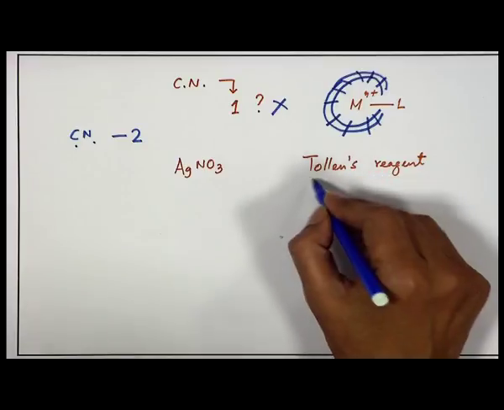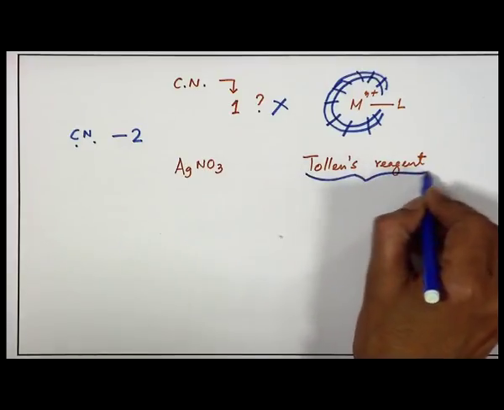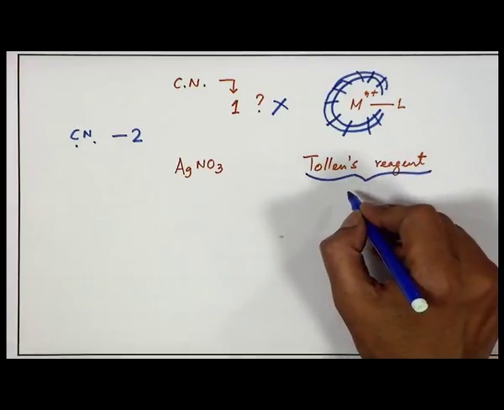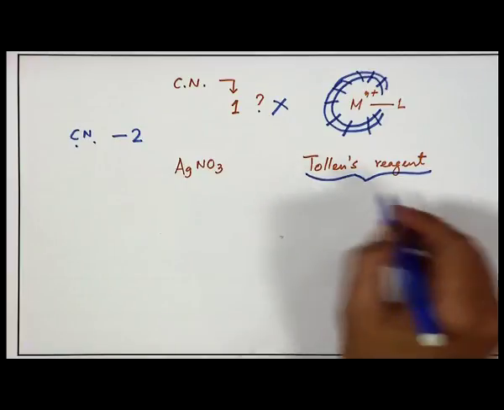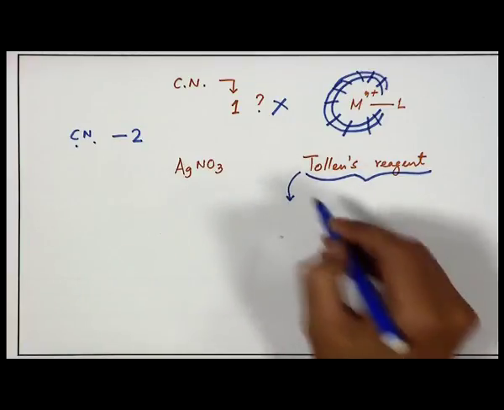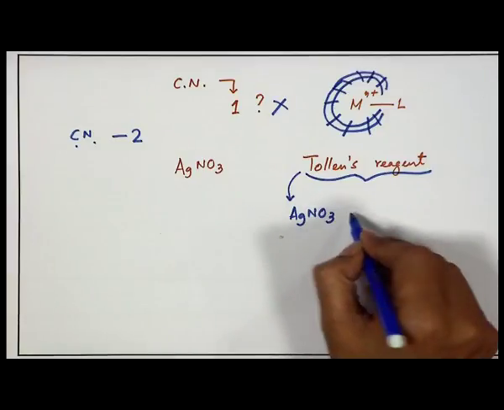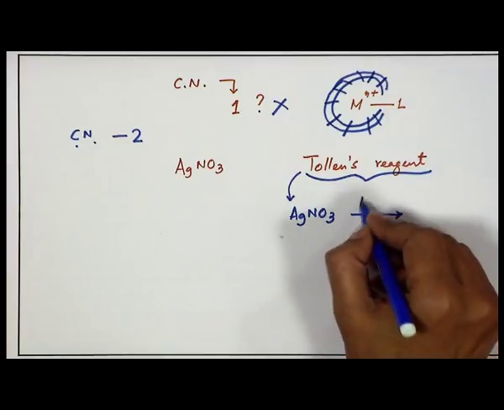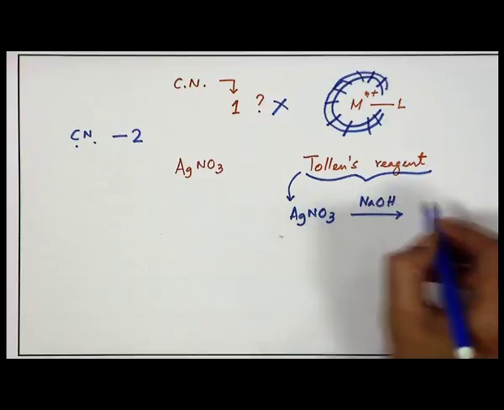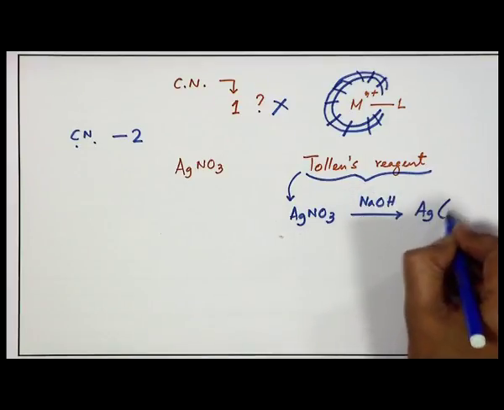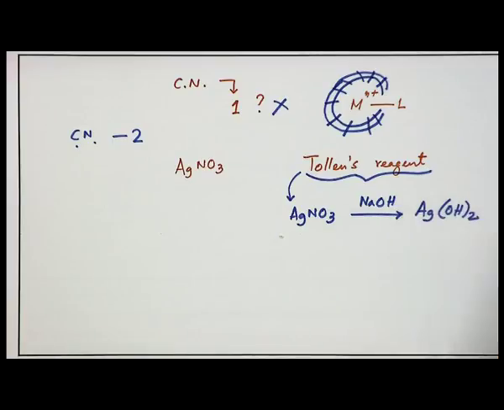By name it is called the ammoniacal silver nitrate solution. So, what does it mean? The ammoniacal silver nitrate solution is prepared like this: if we have a solution of silver nitrate, it is treated with a very dilute solution of sodium hydroxide, giving rise to the precipitation of silver hydroxide.